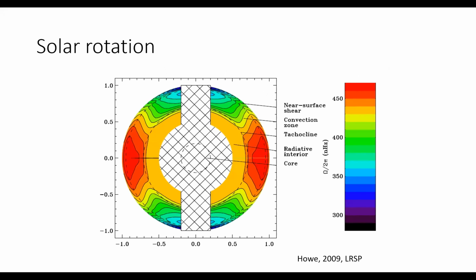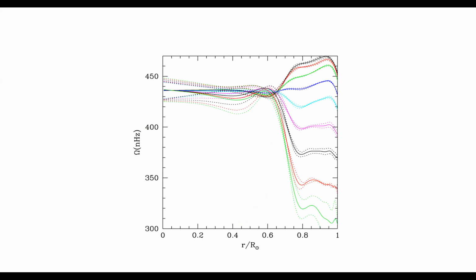We all know the basic structure of solar rotation. We have a differentially rotating convection zone, and beneath that we have a radiative zone rotating as a solid body. The tachocline is the region where differential rotation changes to solid body rotation, and this is a fairly narrow layer.